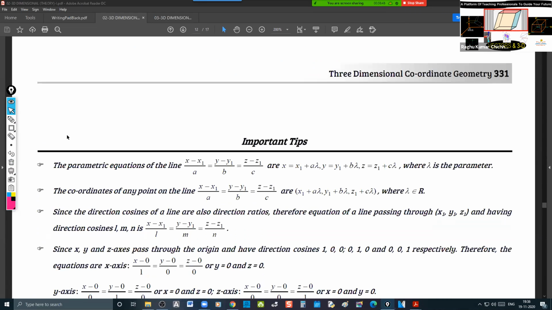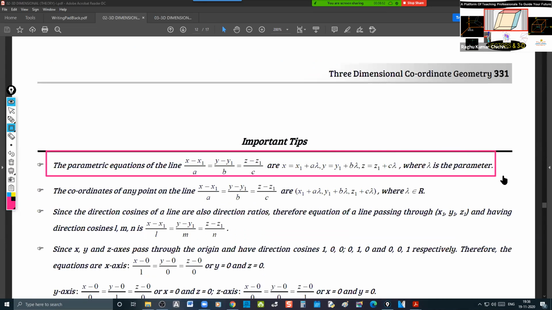And what I just discussed, which is very, very important, is this: x is x1 plus a lambda, y is y1 plus b lambda, z is z1 plus c lambda, and it represents every point and any point on the line.